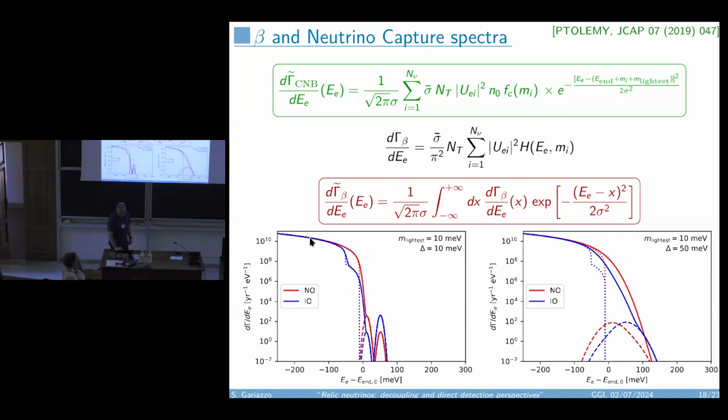You see that there is a huge beta decay spectrum here, which is much, much larger than the peaks due to the capture on relic neutrinos. This kink here is due to the fact that in inverted ordering, the second and the third mass eigenstate just contribute to this part of the energy range. So we have a sharp kink, which actually could be measured in order to determine if the mass ordering is normal or inverted.